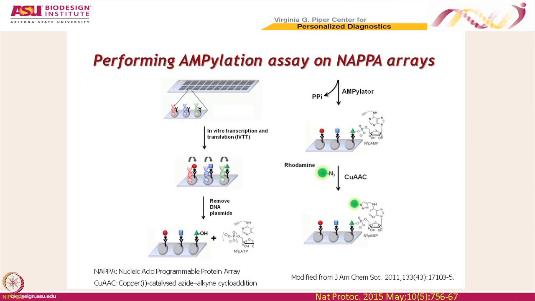He then came in with an azide linked to rhodamine, which is a fluorescent marker, added that to the array and added copper, and that caused the covalent linkage and displayed the fluorescent tag. So essentially he was marking the modified proteins with this alkyne, and then he came in with rhodamine linked azide to find the proteins. So then only proteins that are targets of the enzyme will light up.